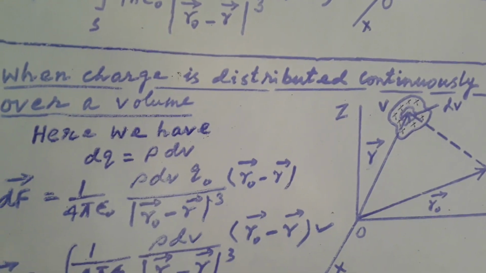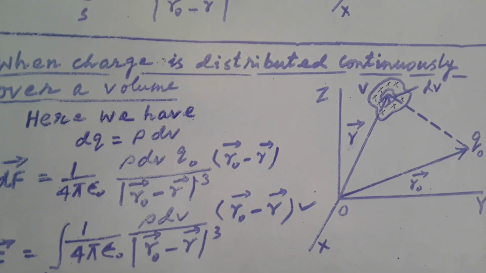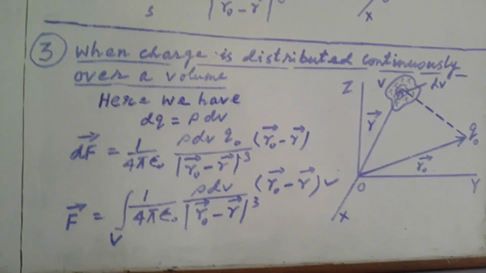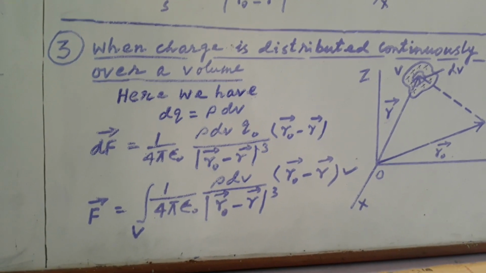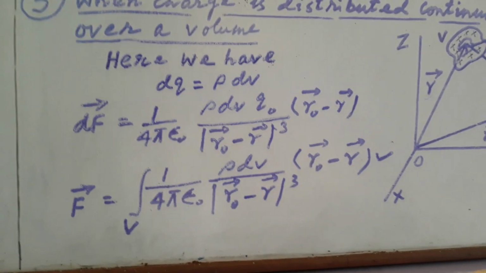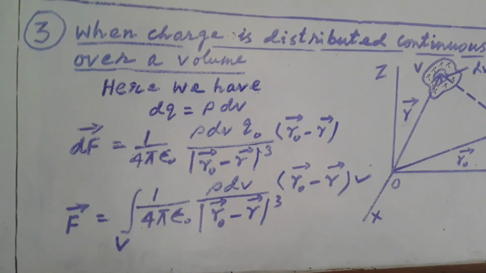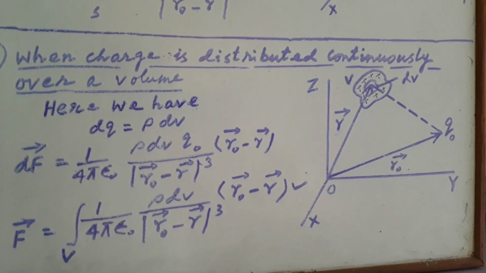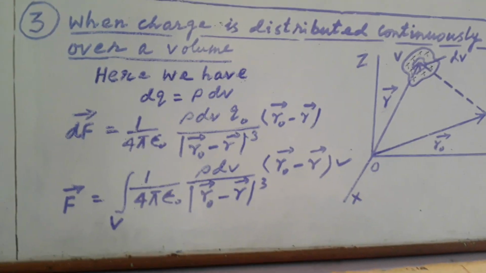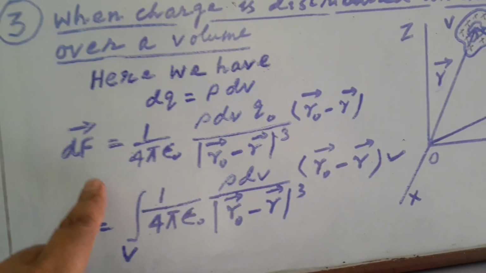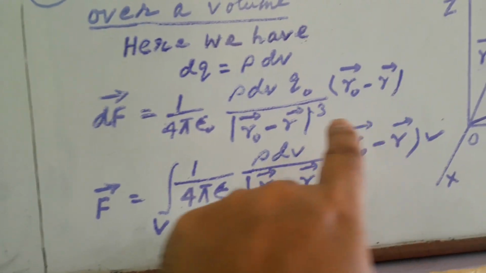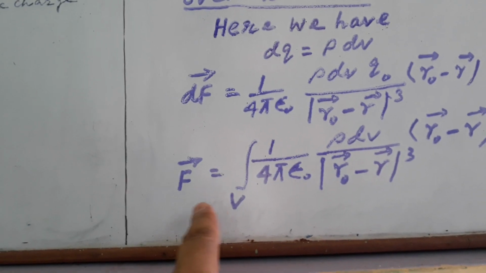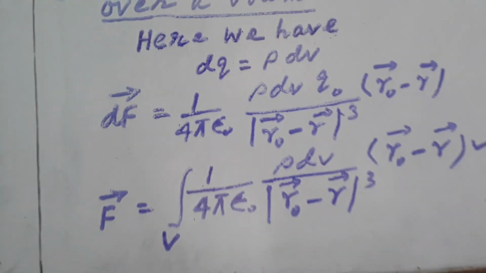Let us suppose that a small volume element dV having charge dq, then we can write dq equal to rho dV, and small force due to this charge on point charge q naught is given by, I have written, you go through it, dF equal to, now you write in this way, and the total force is given by.